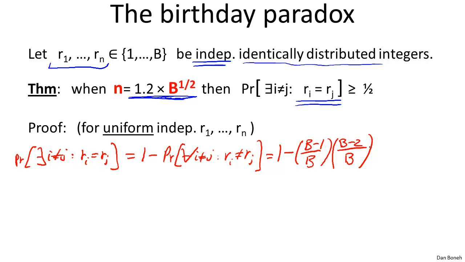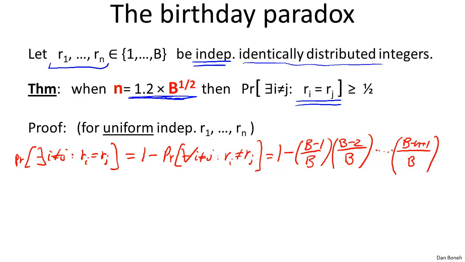For R4, its probability of not colliding with R1, R2, or R3 is (b minus 3) over b, and so on and so forth until we get to the very last Rn. The probability that Rn does not collide with the previous Ris: there are n minus 1 slots taken up by the previous Ris, so if Rn falls into any of the remaining b minus n plus 1 slots, it's not going to collide with any of the previous R1 to R(n minus 1).